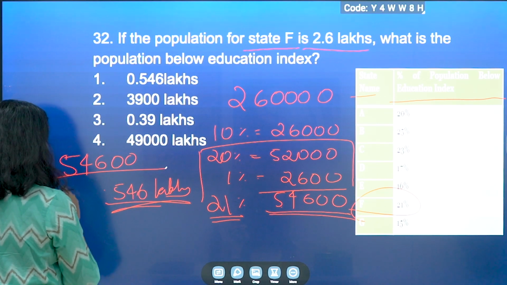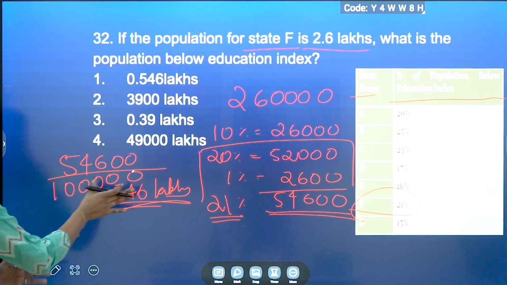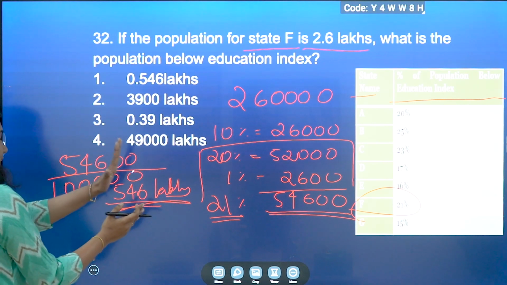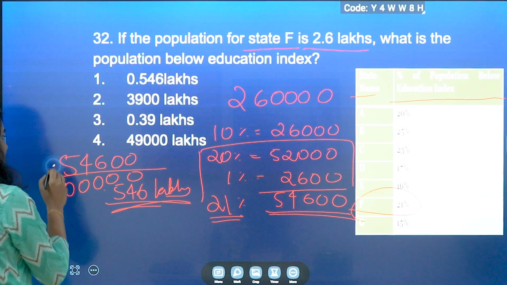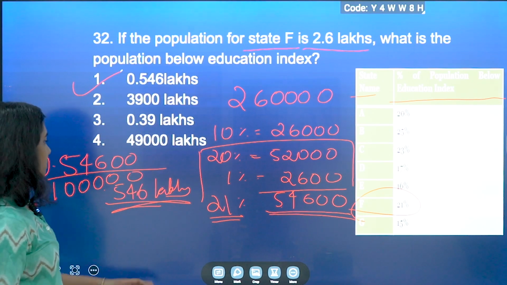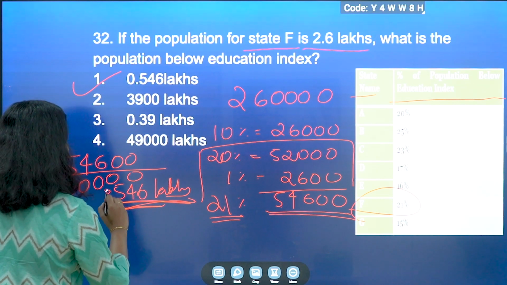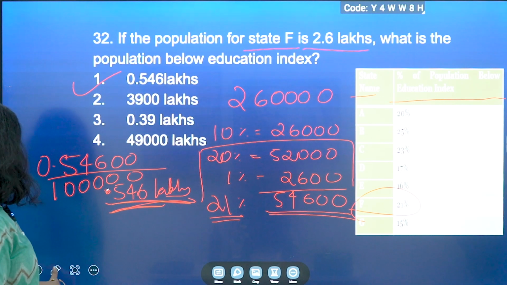So you have to divide by lakh, and in lakh you have 5 zeros. So you have to move that 5 zeros from right and put a decimal point. So when you put a decimal point here, this will be 0.546. So option 1 is the answer. Okay, 0.546 lakhs. Okay. Moving on to the next question.